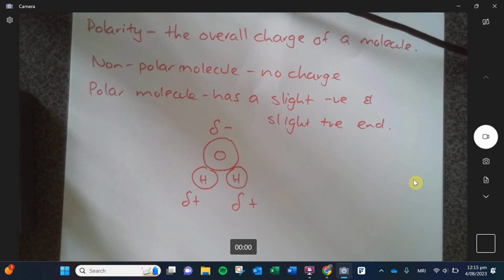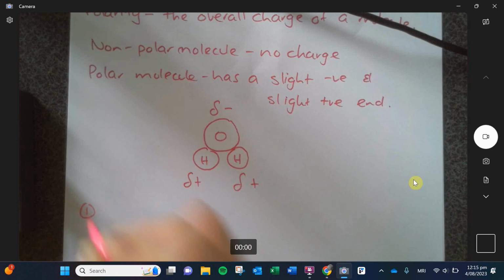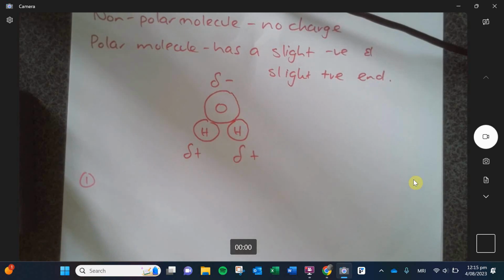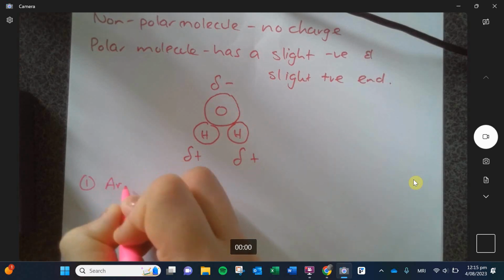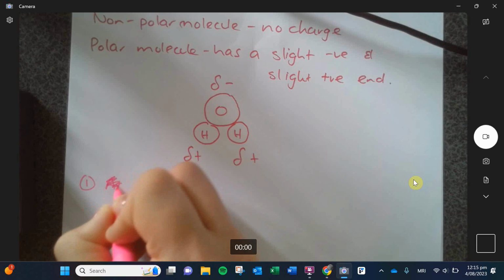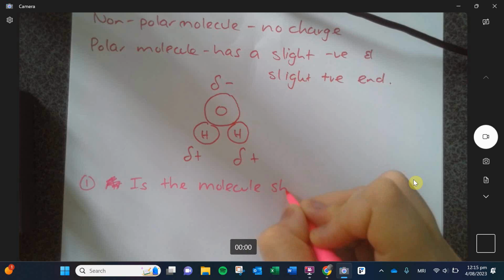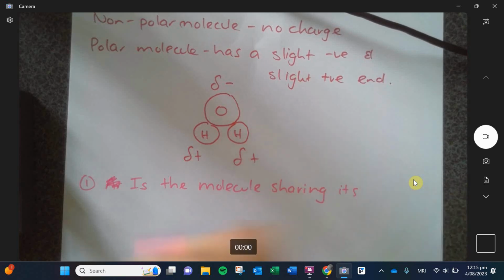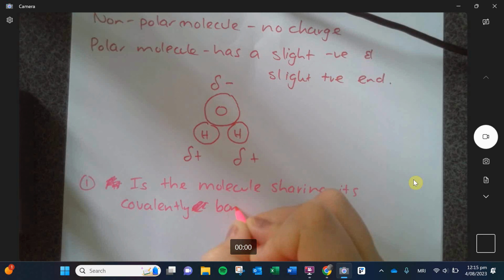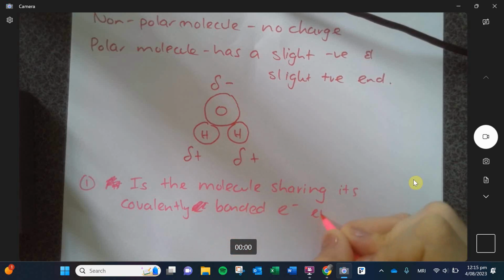No? Okay. So when I'm trying to decide whether or not my molecule is going to be polar, there's a couple of steps I need to do for that. The first step that I need to ask is, are the molecules sharing those covalent electrons evenly? Actually, I should say, is the molecule covalently bonded electrons evenly.